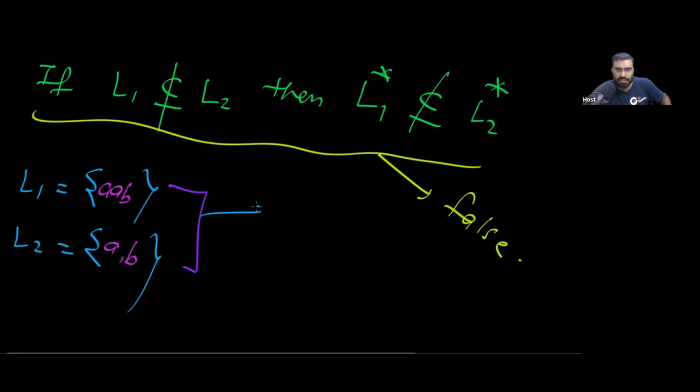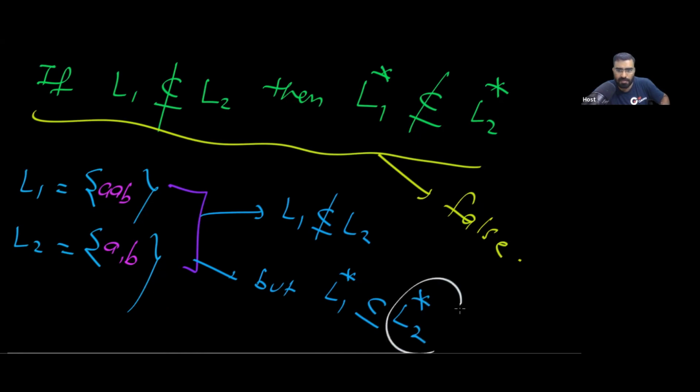Here you can notice that L1 is not a subset of L2, but L1 star is subset of L2 star, right? Because L2 star is sigma star. L2 star is sigma star, right? Yes or no? Is this clear?